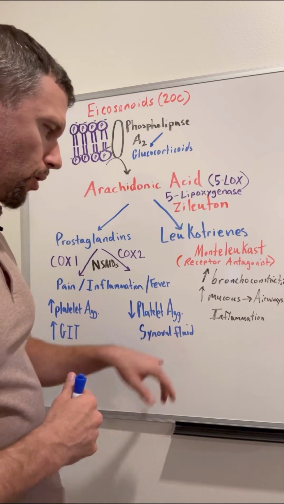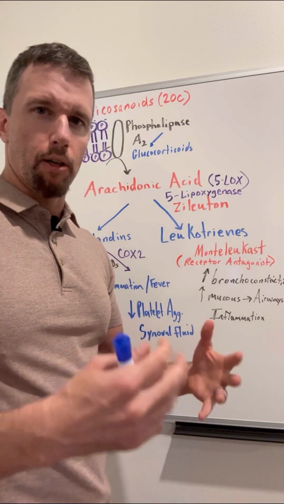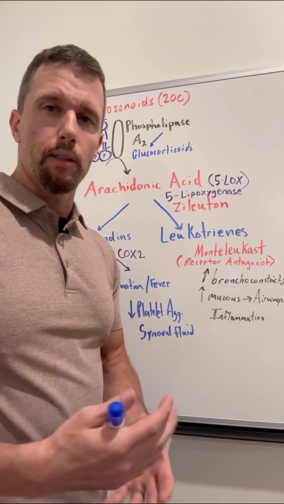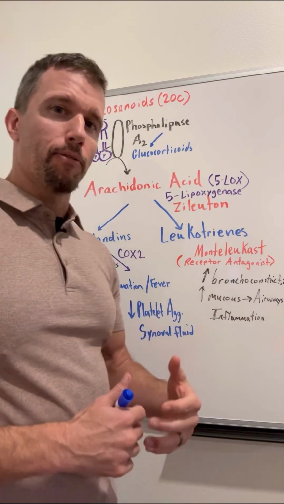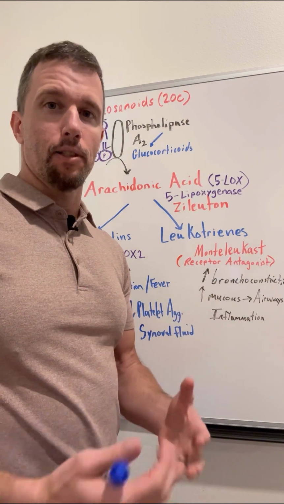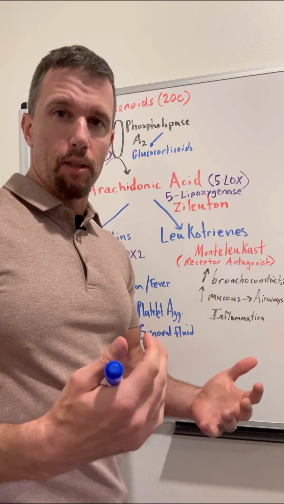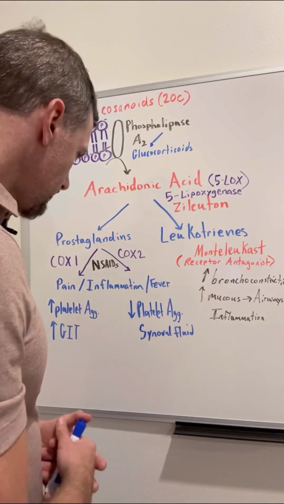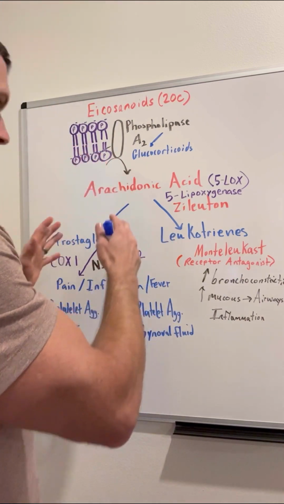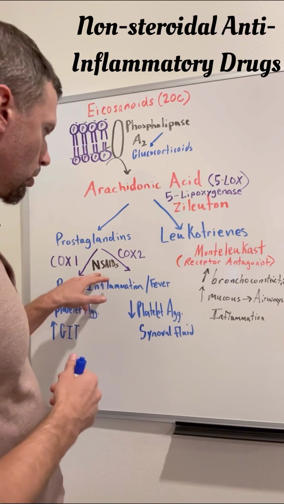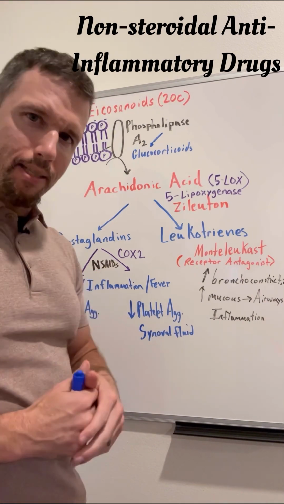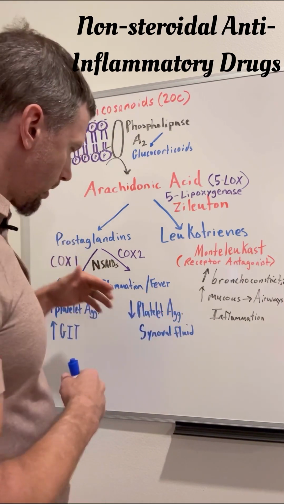And then it has a big role in synovial fluid inflammation, or inflammation in our joints, our synovial joints. So this side, when COX-2 acts on arachidonic acid, can manifest in rheumatoid arthritis and different types of arthritic disorders.